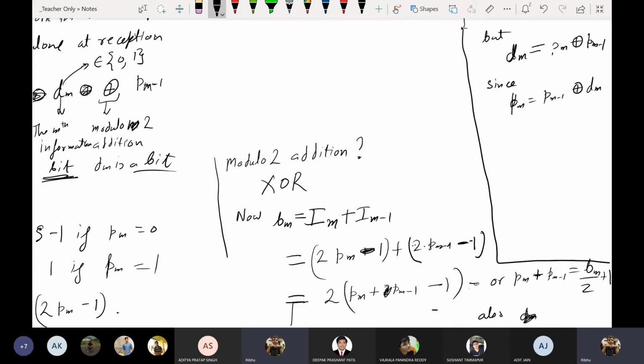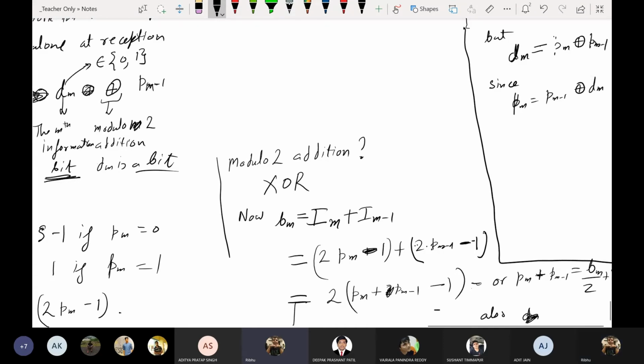So you know the way XOR works? Yes, sir. So using XOR, this is true.